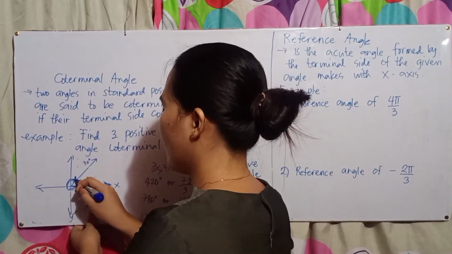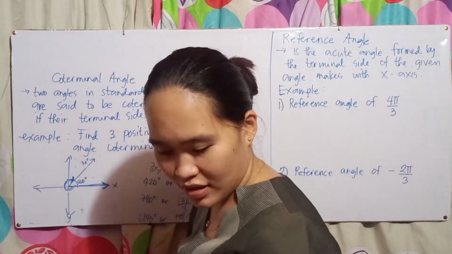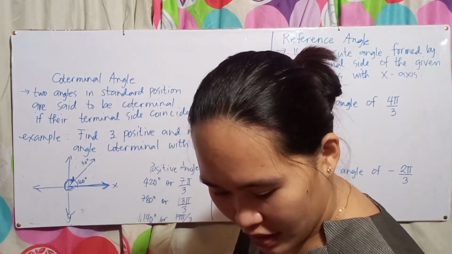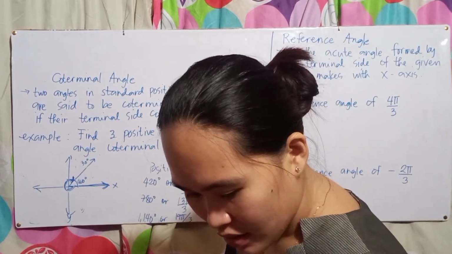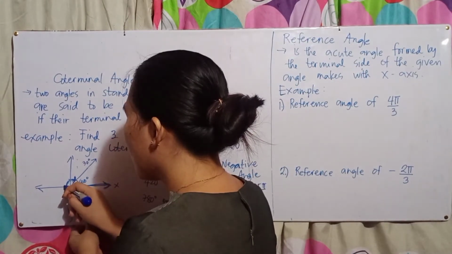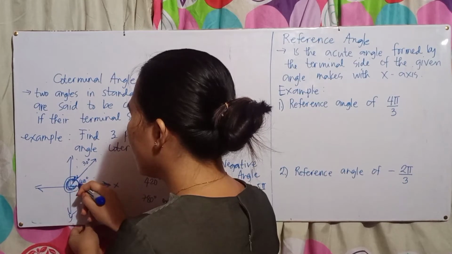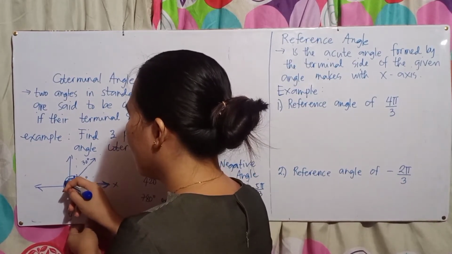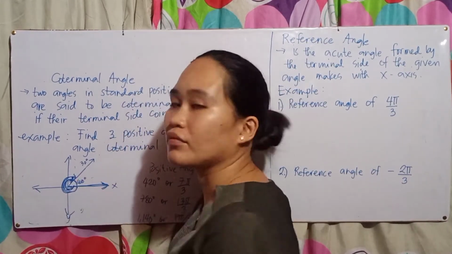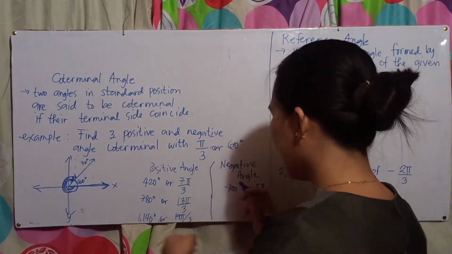So, isa ka revolution is 360. So, 360 plus, di ba, ang padulong diraa is 300 man. So, 360 plus 300. So, 660.